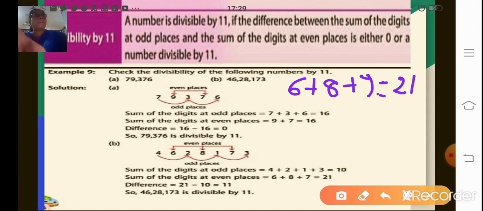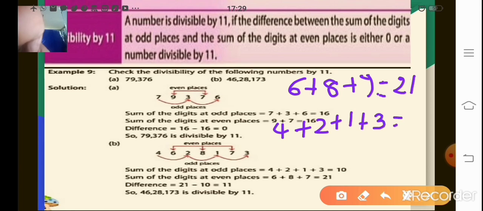Okay, 21. Now let us take the numbers in the odd places. First place is 4. So 4 plus third place 2, fifth place 1, and seventh place 3. When you add all these numbers, you get the answer as 10.